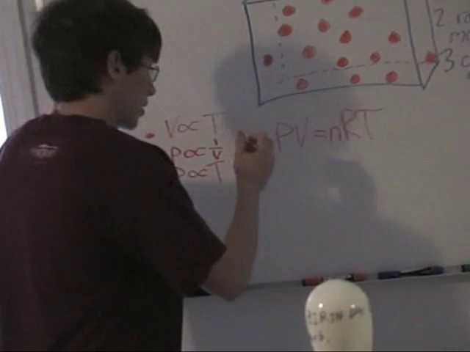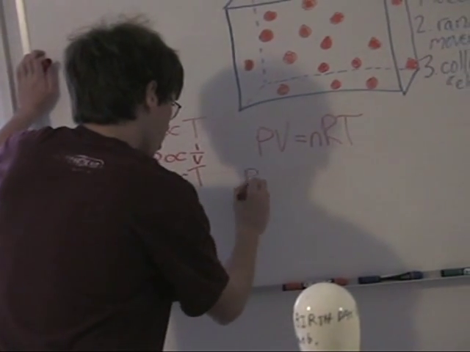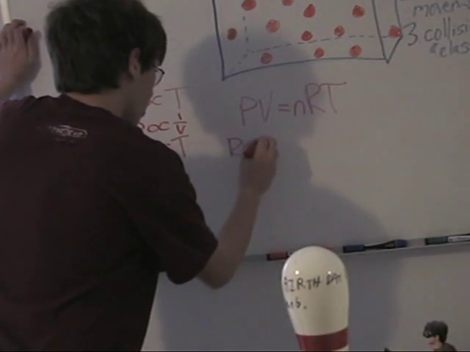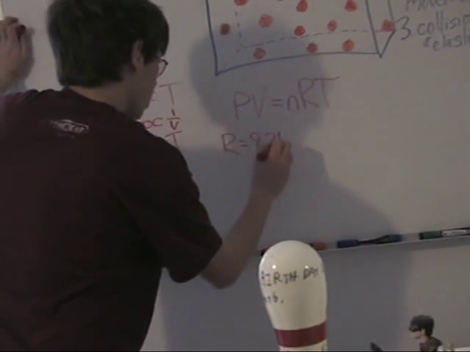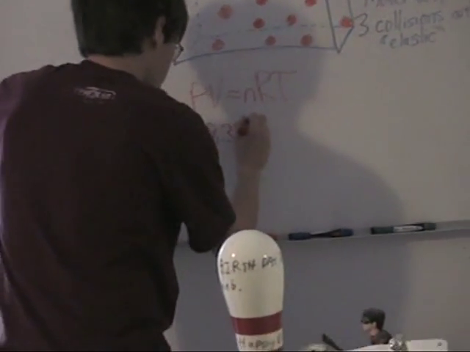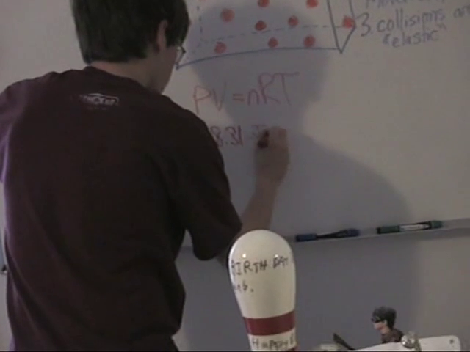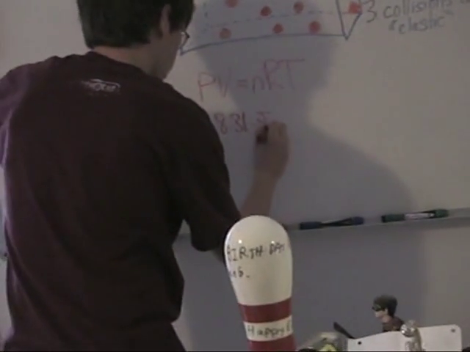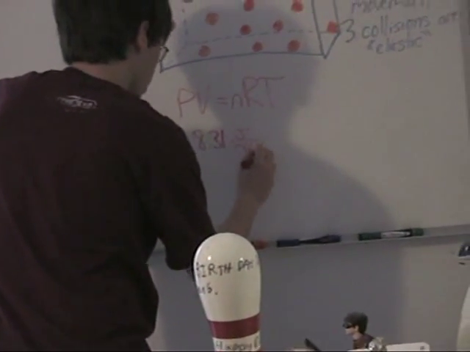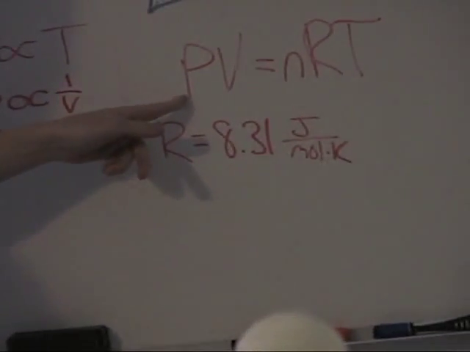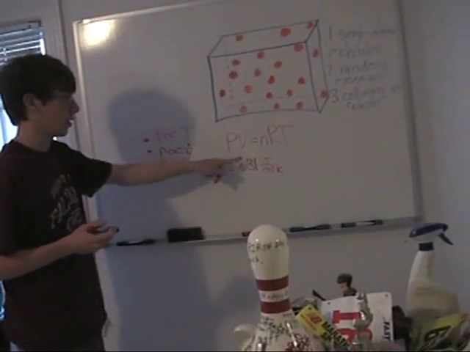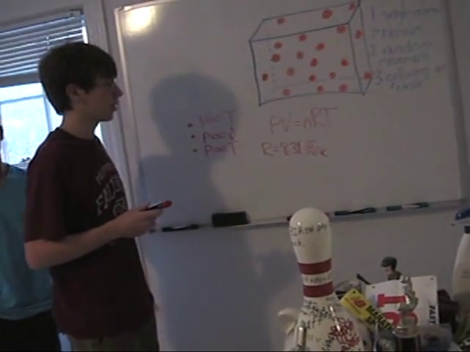And in this case, R equals 8.31 joules over moles times Kelvin, which is true whenever you have P in pascals and V in cubic meters and T in Kelvin.